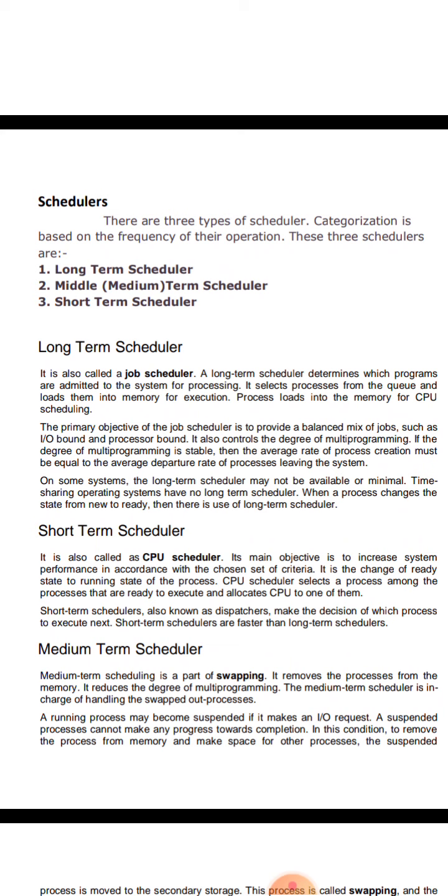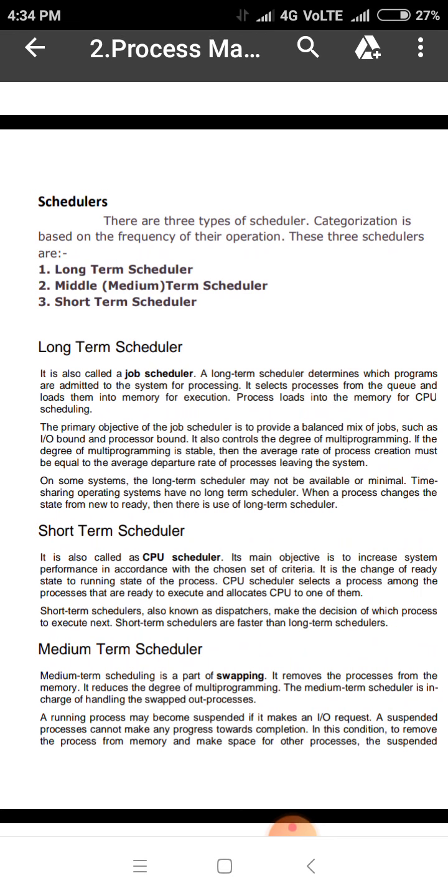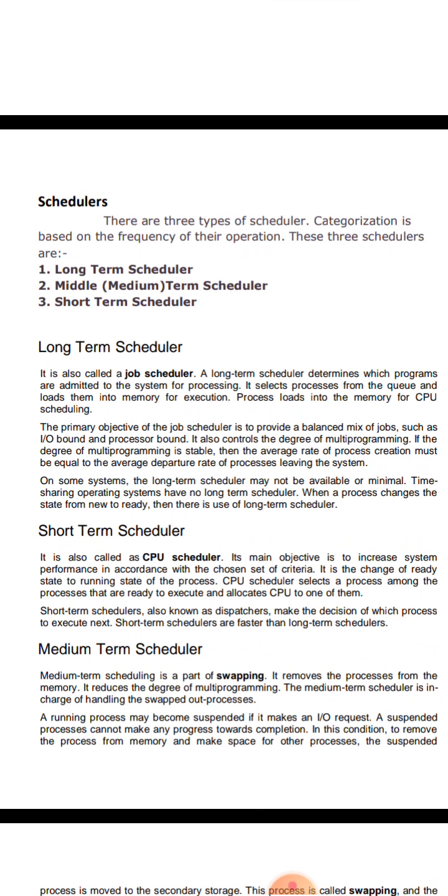Second one is the medium term. It requires not more and not less, medium time to execute the scheduler, and short term means it requires less time to execute. Means in the short term there will be no waiting queue, because those jobs come in CPU and get executed, therefore it requires shorter time to execute.